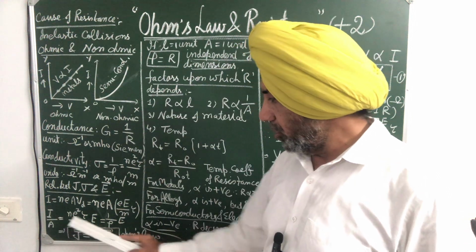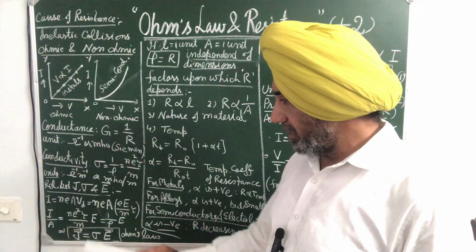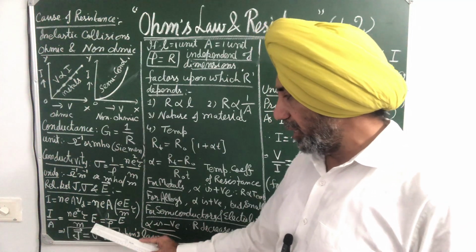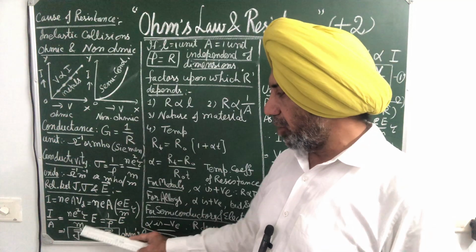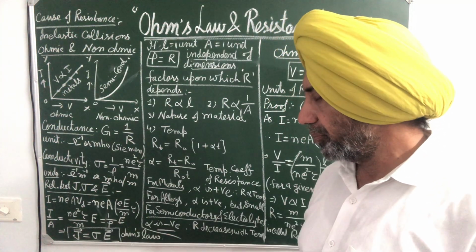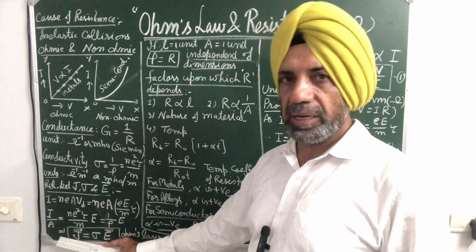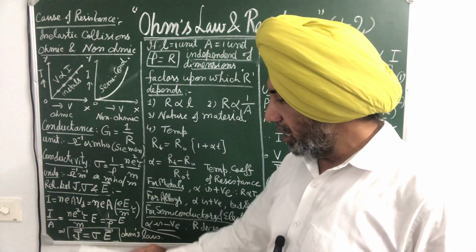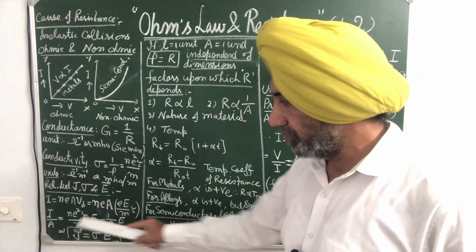I by A is equal to n e square tau upon m into E, and n e square tau by m is nothing but 1 by rho, and 1 by rho is nothing but sigma. So I upon A, current per unit area, is called current density. So J is equal to sigma E, which is another form of Ohm's law.